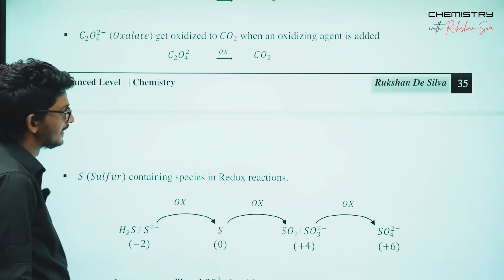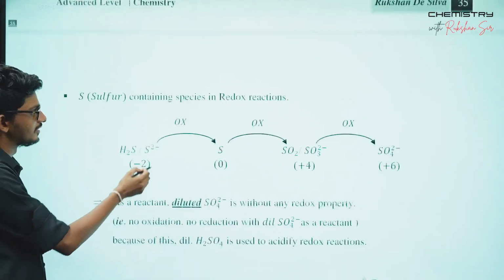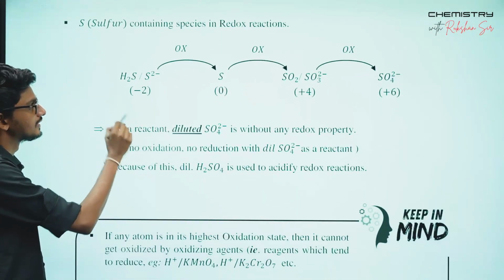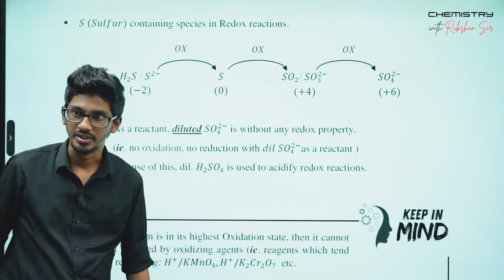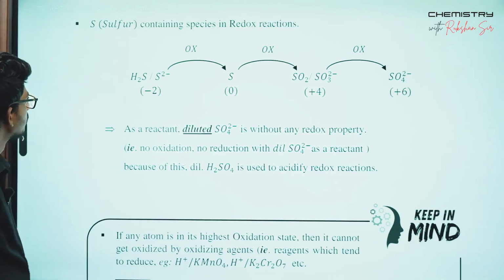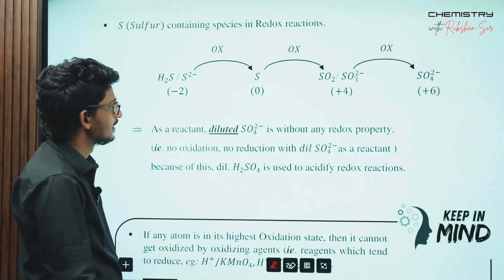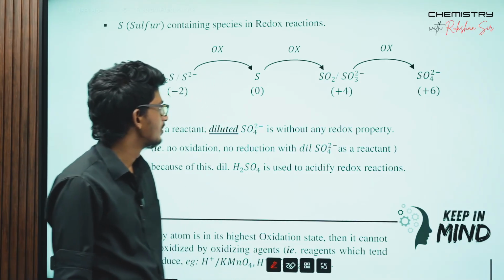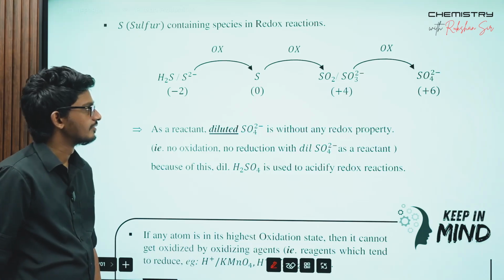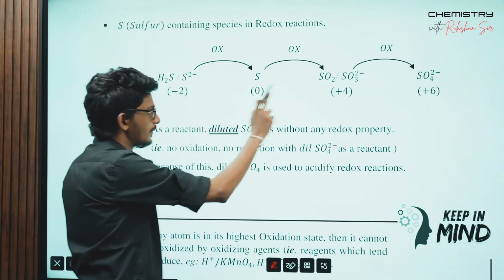Okay, let's now discuss sulfur-containing redox reactions. Sulfur has variable oxidation states, from -2 to +6.